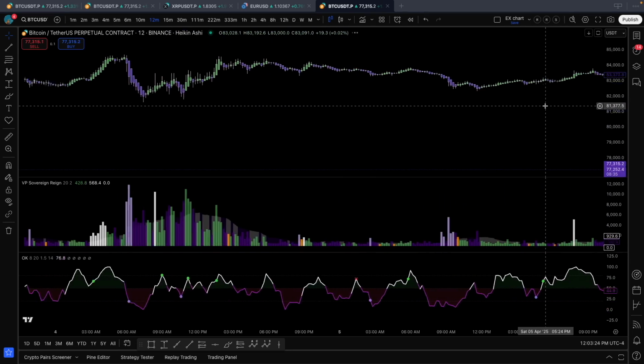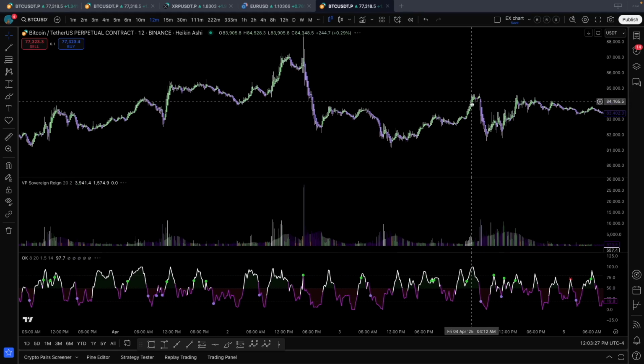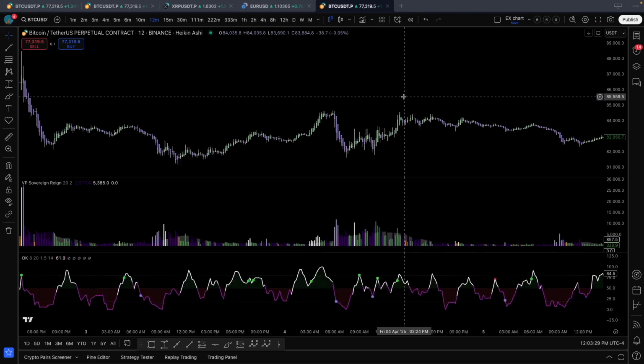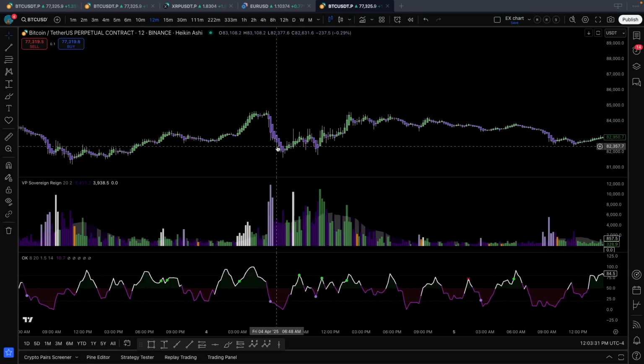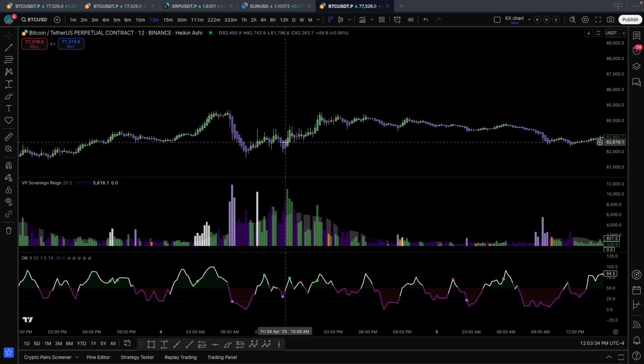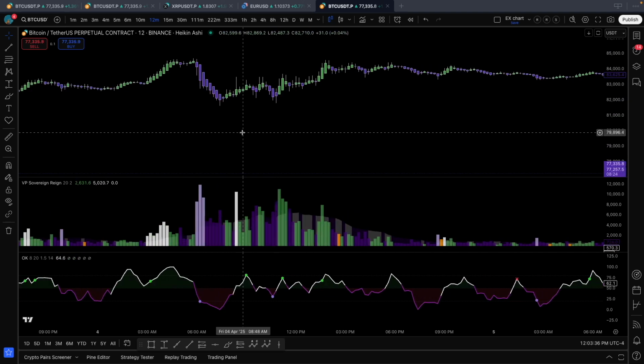Let's go look for some divergence. Price action has been really crazy lately, so you've got to take everything with a grain of salt. Like here, let's talk about it.